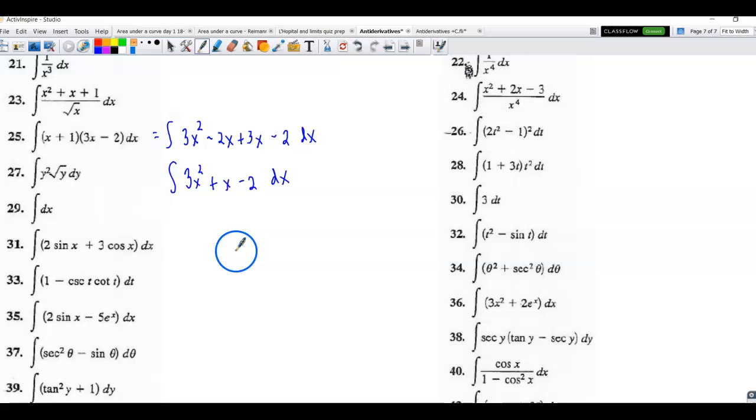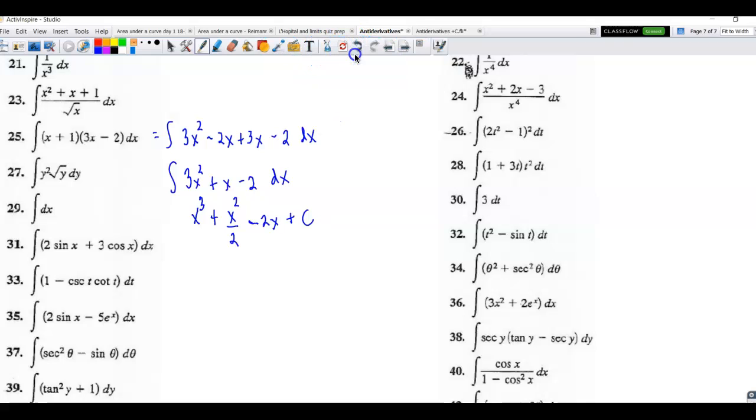Now I have a term-by-term situation, so I can reverse the power rule, increase the power by 1, and divide by the new power. So the 3 in the numerator and the 3 in the denominator will divide out. Increase the power by 1 and divide by the new power. And increase the power by 1 and divide by the new power. Don't forget plus c. Problem number 25.